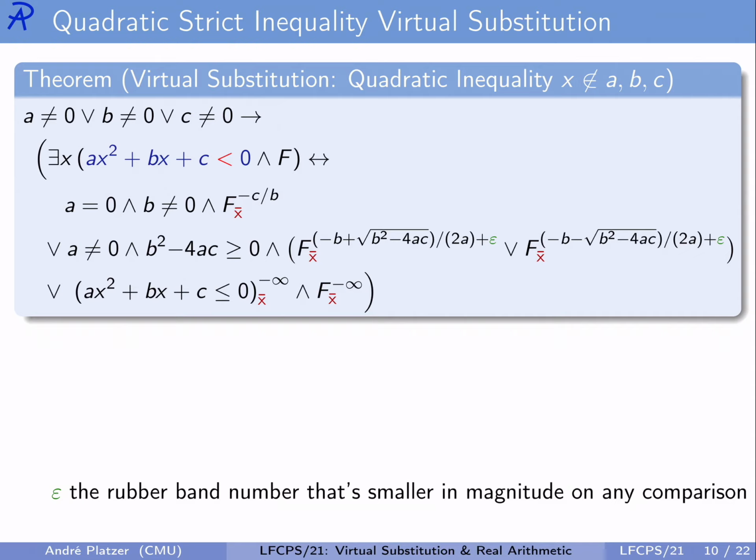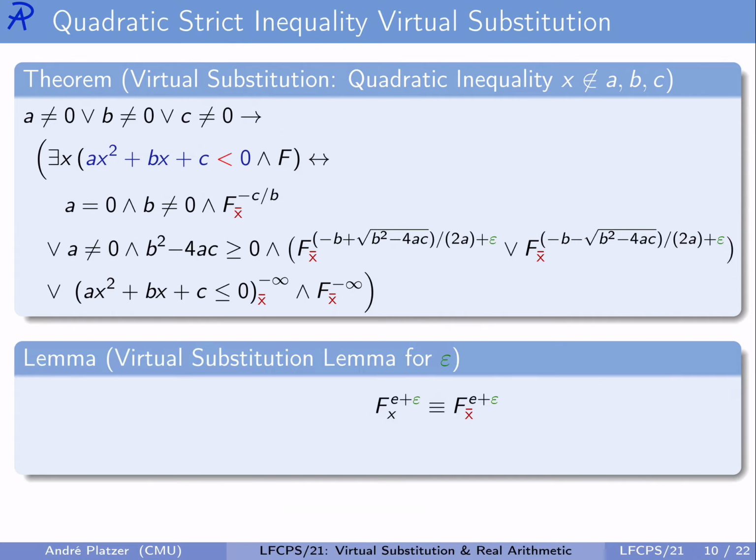So what is this epsilon? It's an infinitesimal, right? It's really, really tiny. And the point is that this is the right behavior in a very extended first-order logic with infinitesimals.